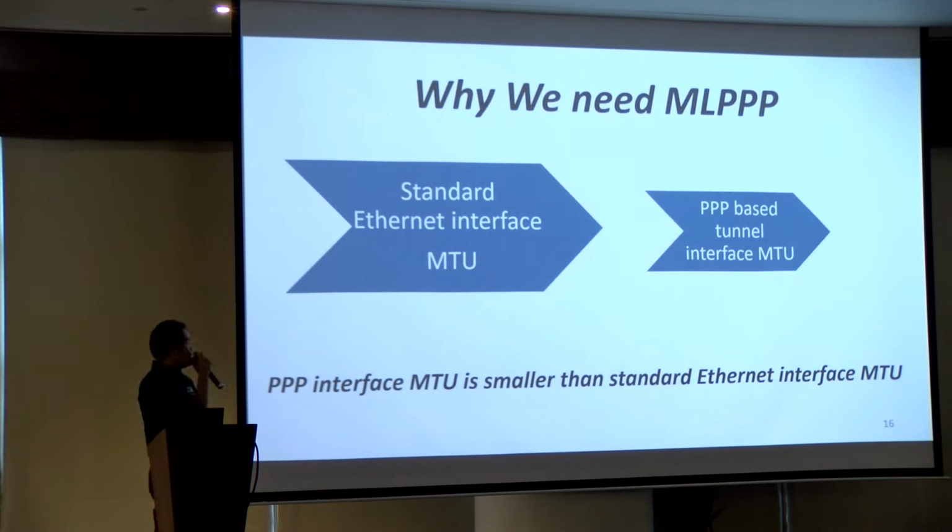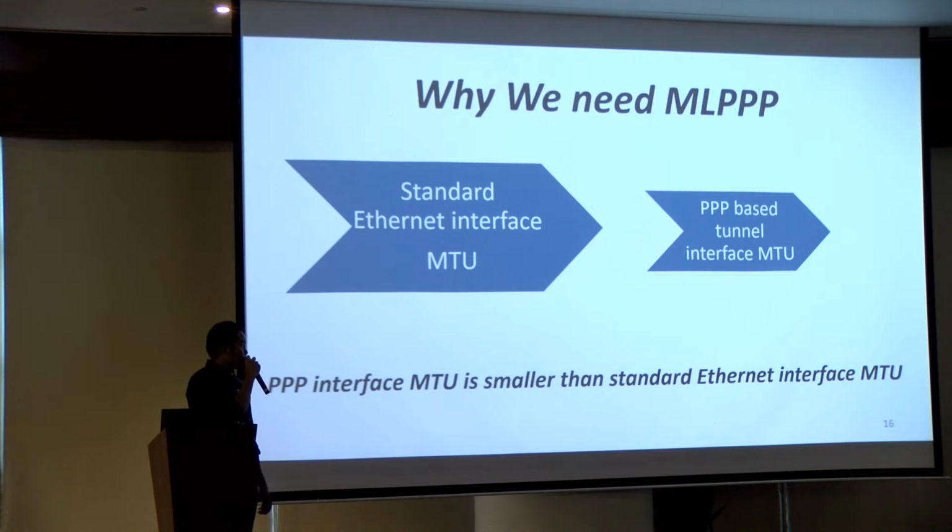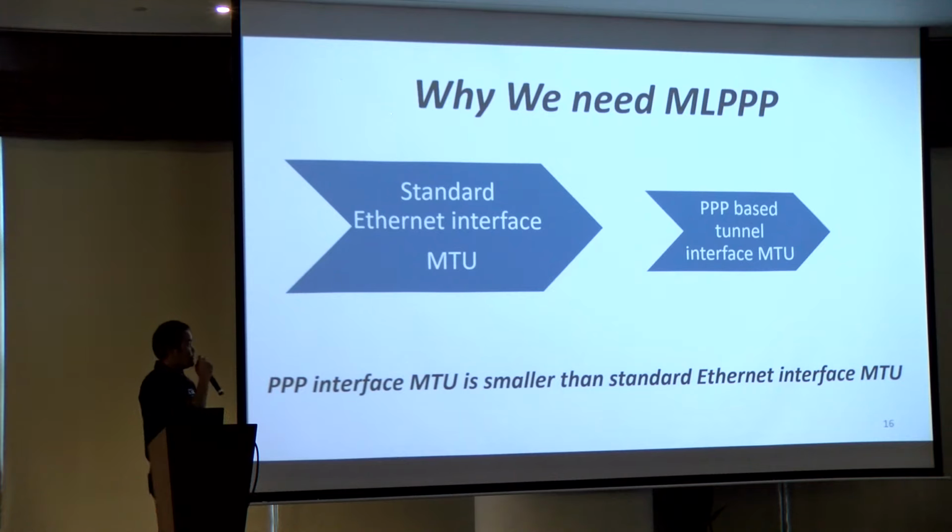We have the standard Ethernet interface MTU. We have an Ethernet packet to cross the PPP-based channel. The Ethernet packet MTU is bigger than the PPP-based one. We know an Ethernet packet is 1500 bytes, and most PPP-based channel interfaces are 1400 to 1480.